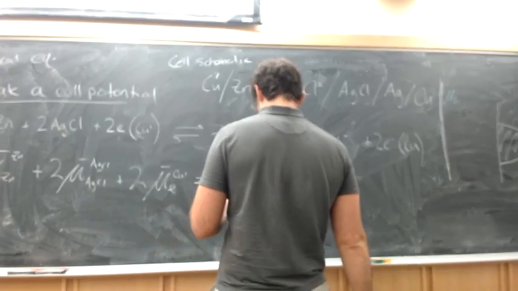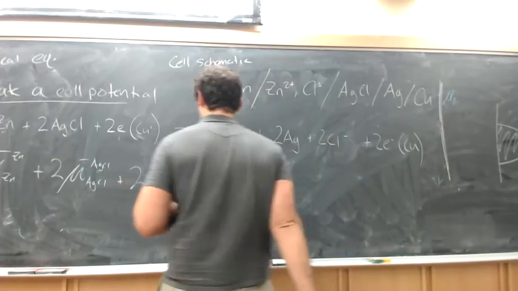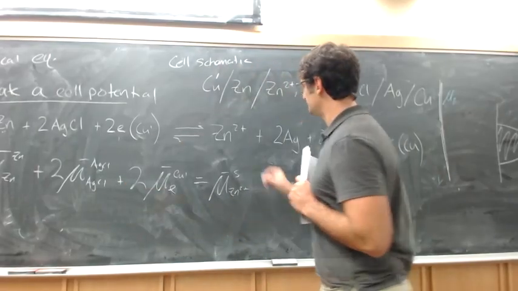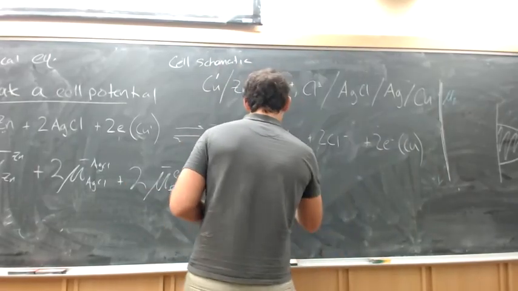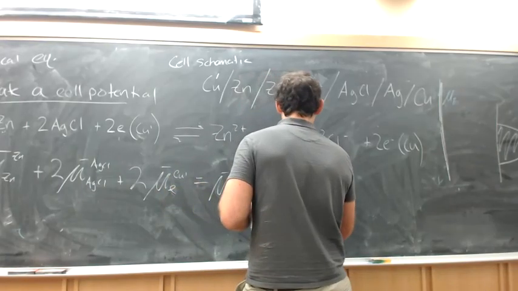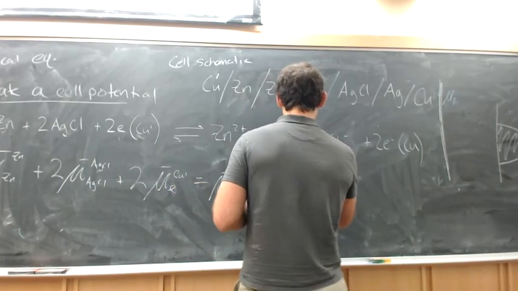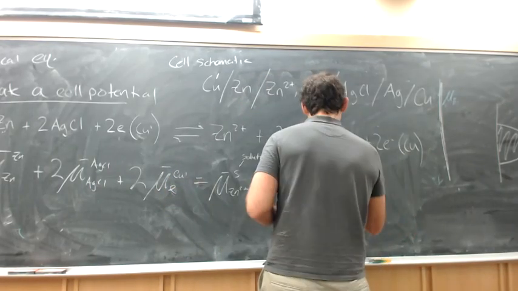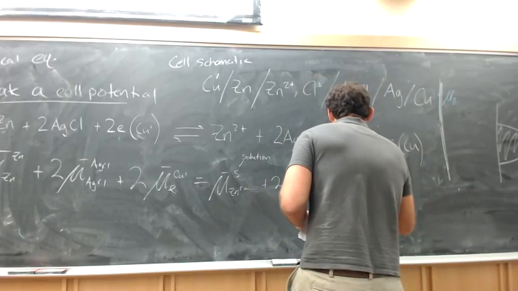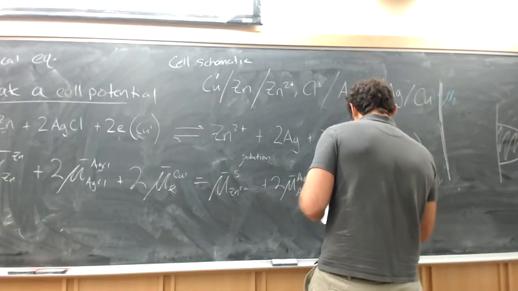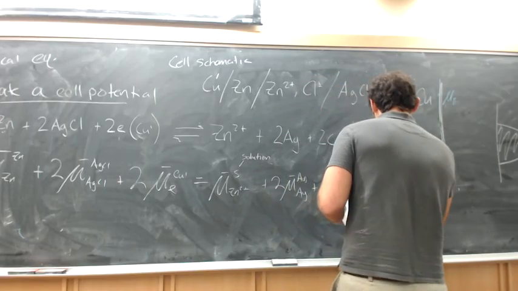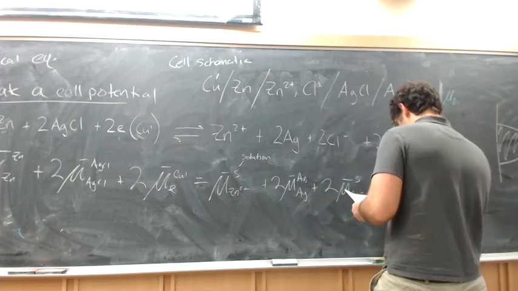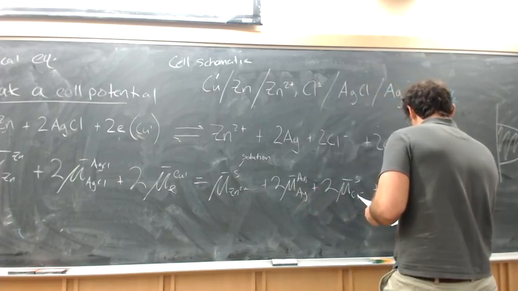Let's see, what do I call that? In the solution, S is going to be solution, plus 2 times the electrochemical potential of silver in silver, plus 2 mu bar chloride in solution, plus 2 mu bar electrons in copper.